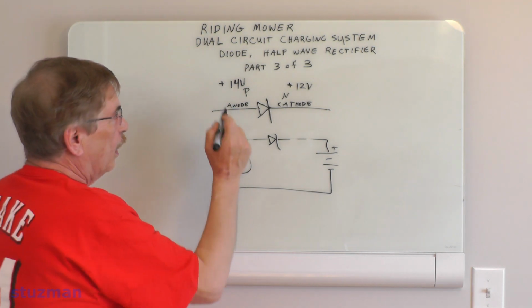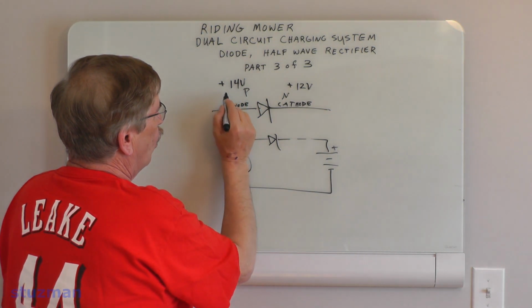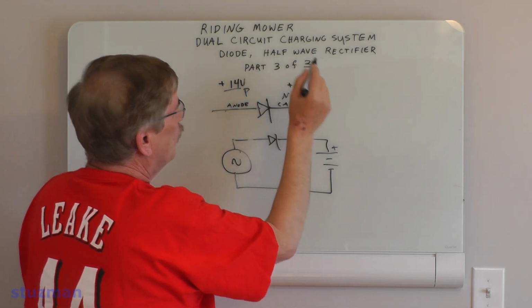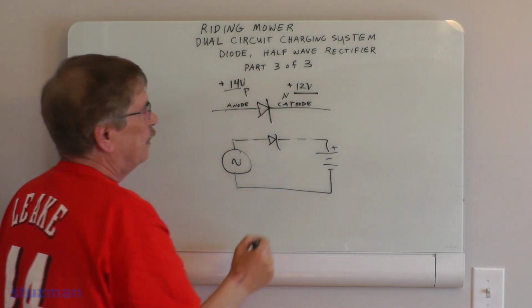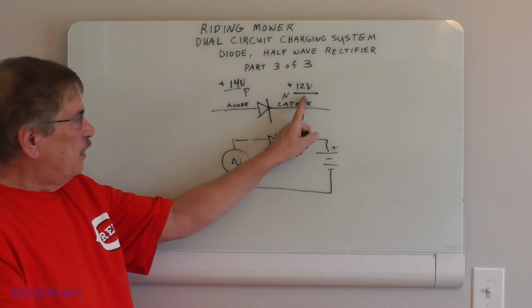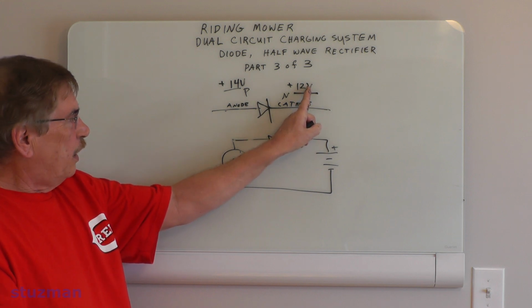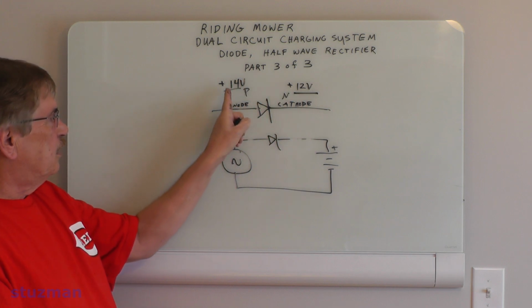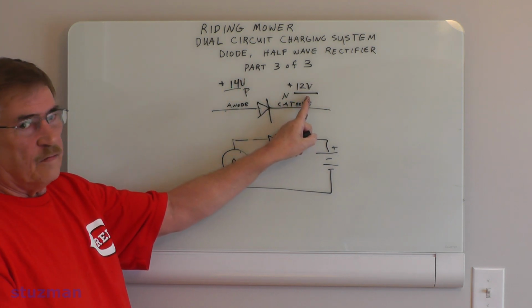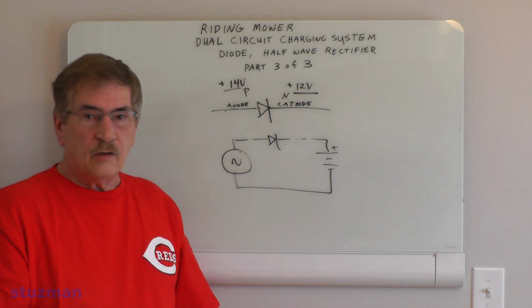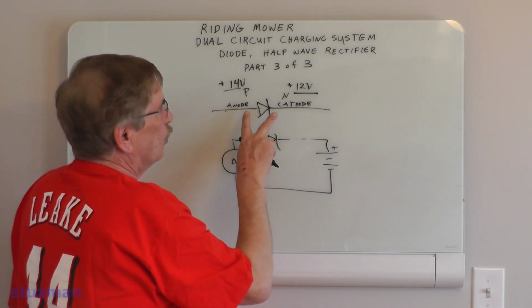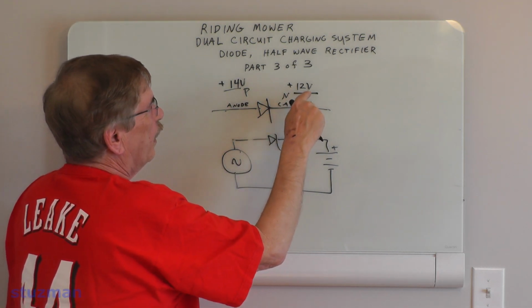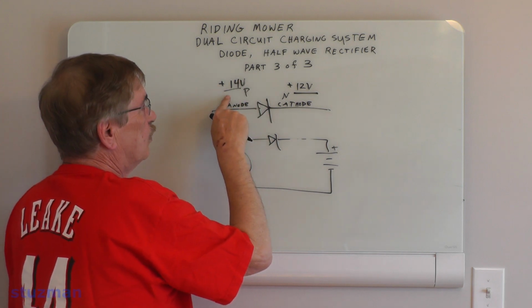Yes, because this side is more positive in respect to this side. Can you see that the 12 volts is more negative in respect to this side? So it's less volts, even though it's positive, it's still going to turn on.